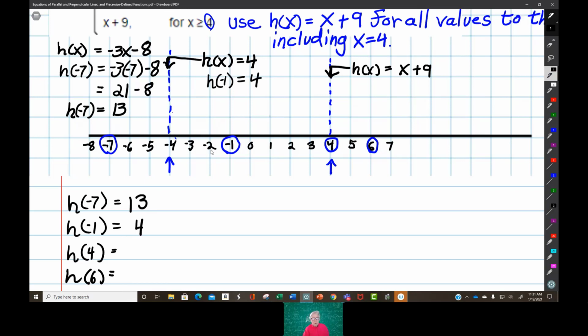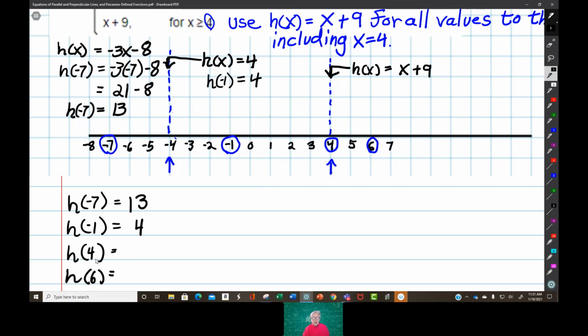And that would be true for all of these numbers, including if they had asked for negative 4. Negative 3, negative 2, negative 1, 0, 1, 2, 3. You would get h of x equals 4 for every one of them.